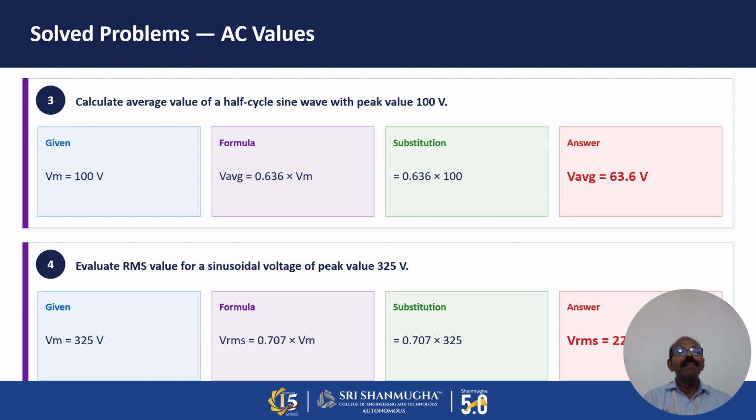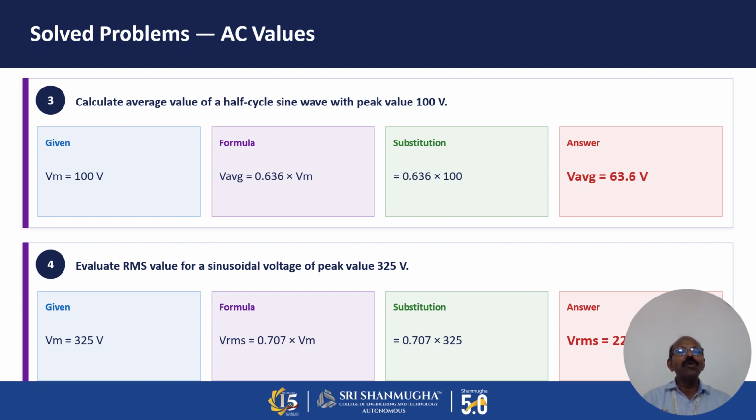For example, calculate the average value of a half cycle sine wave with peak value 100 volt. So here it is for a sine wave with peak value 100 volt I am taking.